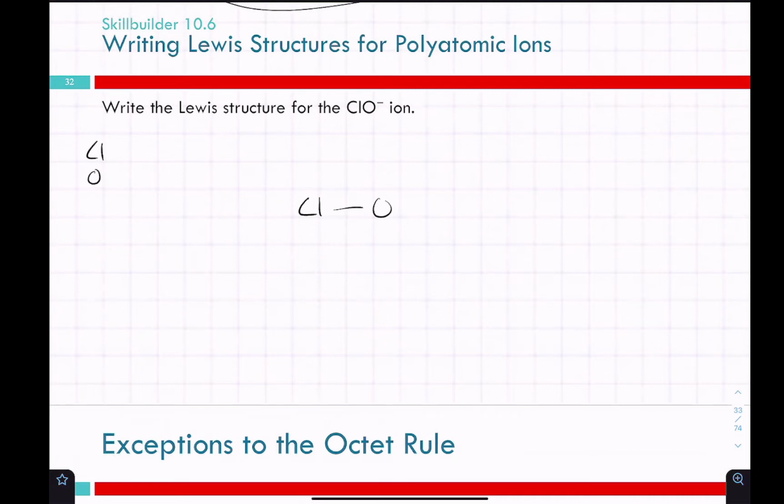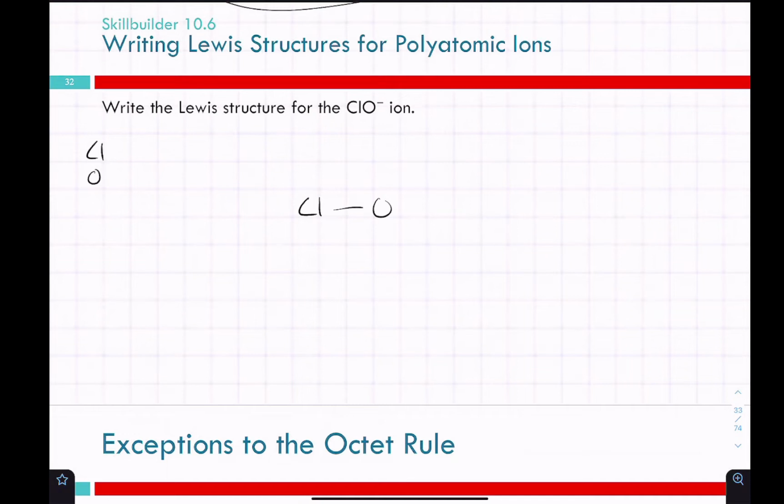So how many valence electrons is chlorine bringing to the table? 7. So it's the column number, and it's the 7A. Not every periodic table has it on there.